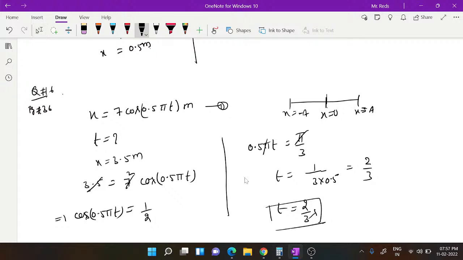The time taken by the particle to move from mean position to this.